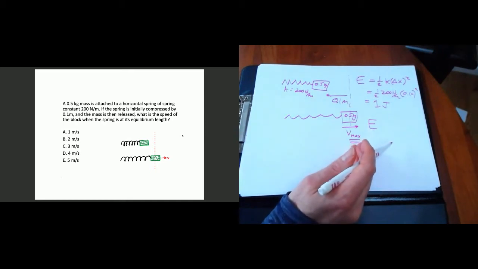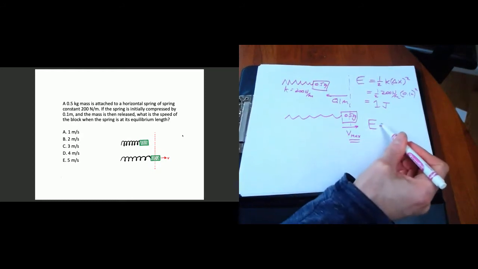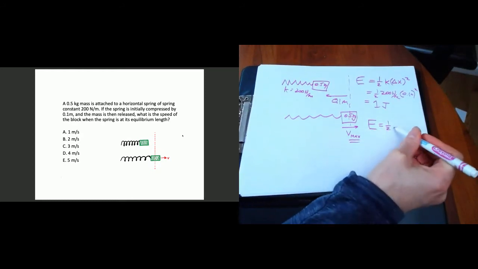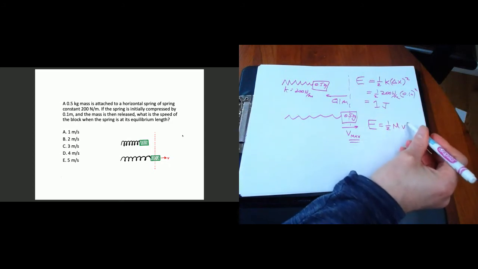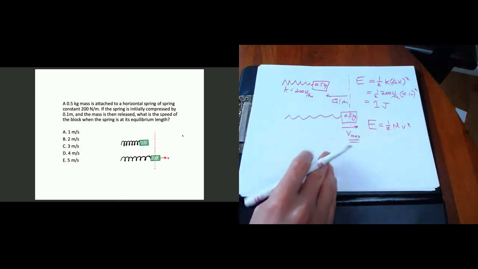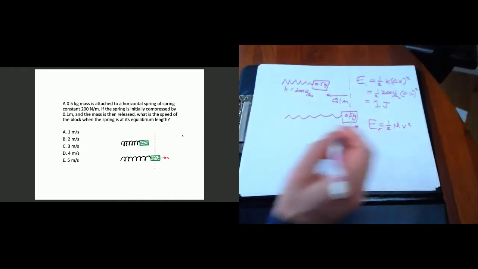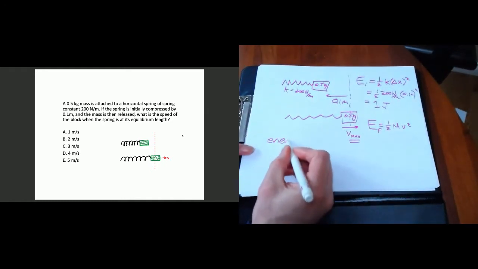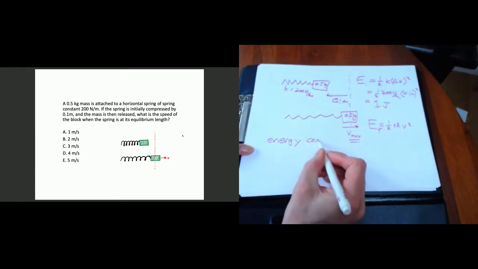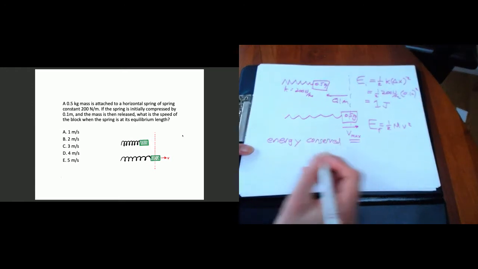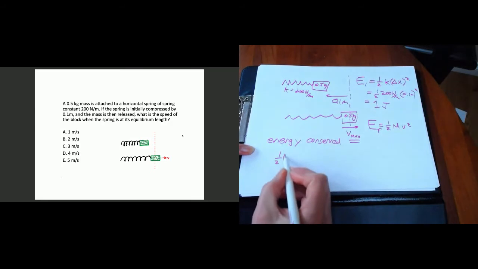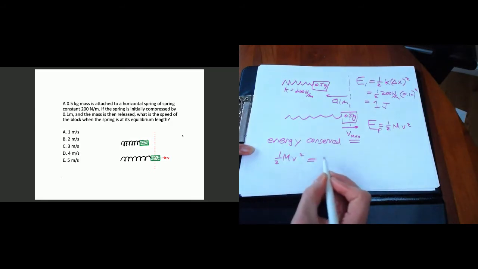We've defined it to be 0 at that position. And so our entire energy is equal to just 1/2 m v squared. So this is E initial, E final, and energy conservation says energy is conserved. So 1/2 m v squared in that final situation is equal to 1 joule.